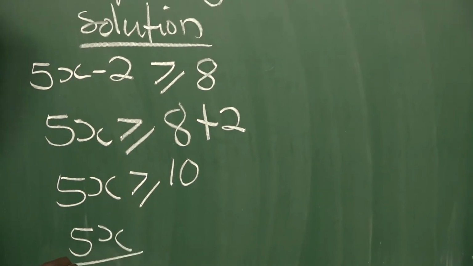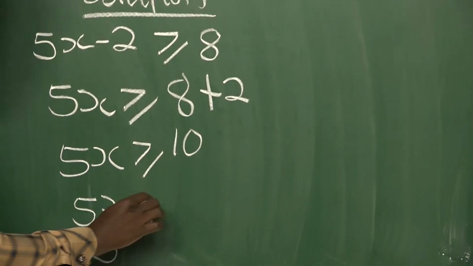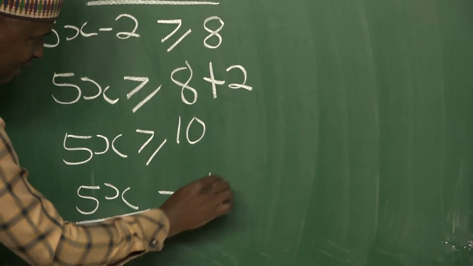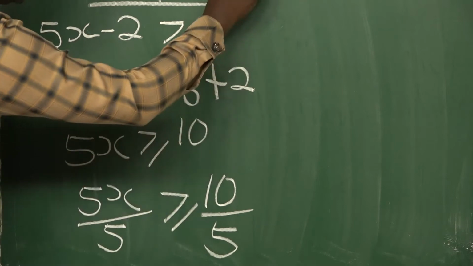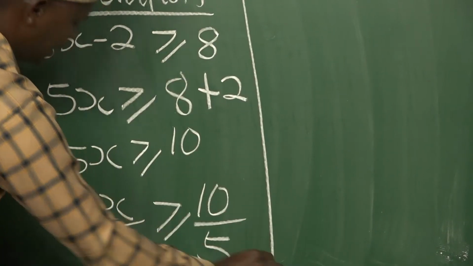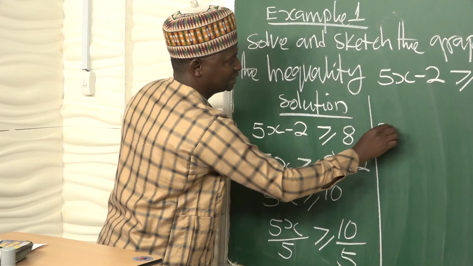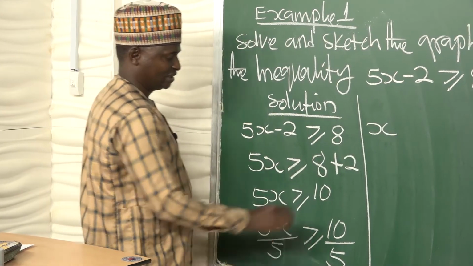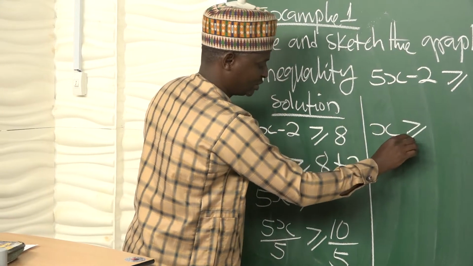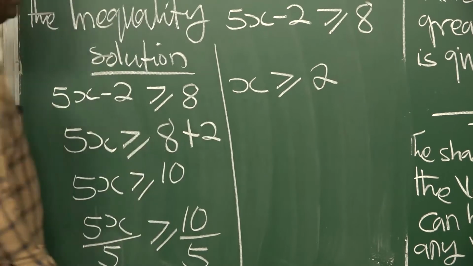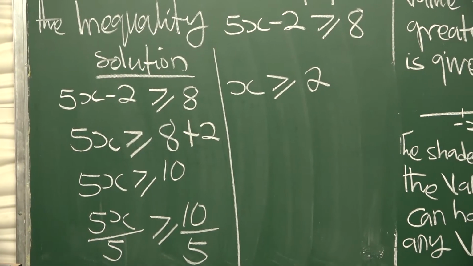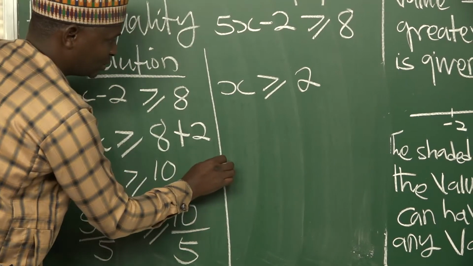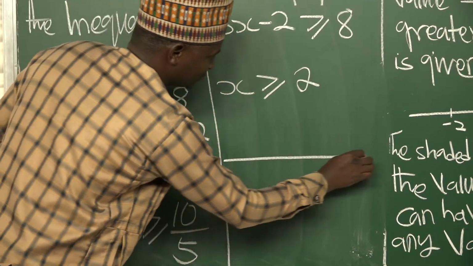We divide both sides by 5 to get x greater than or equal to 10 by 5, which means our x is now greater than or equal to 2. This is the solution. Then you draw the graph of the solution.